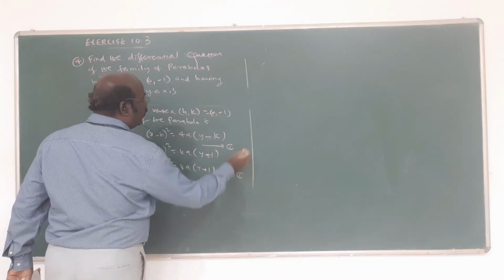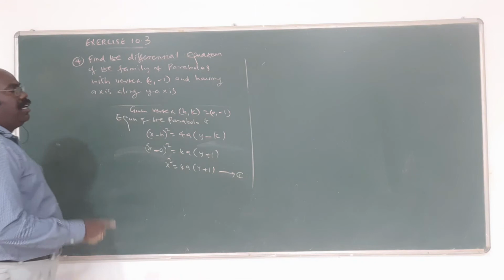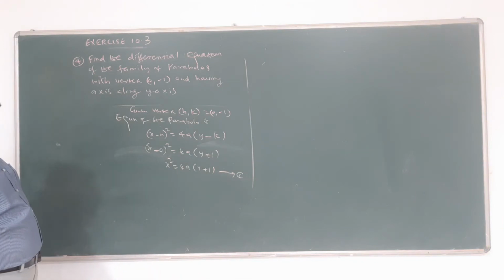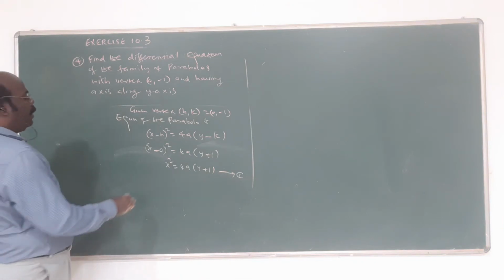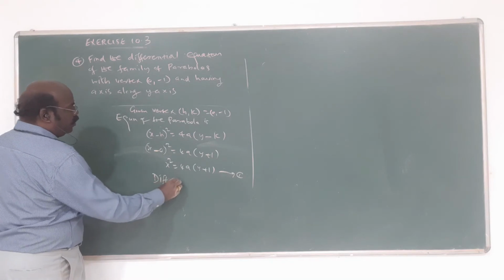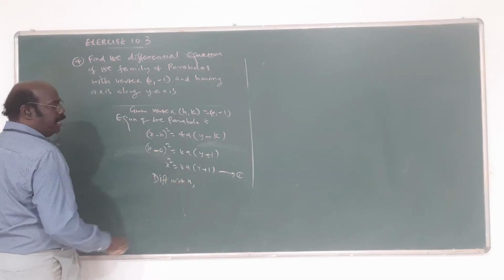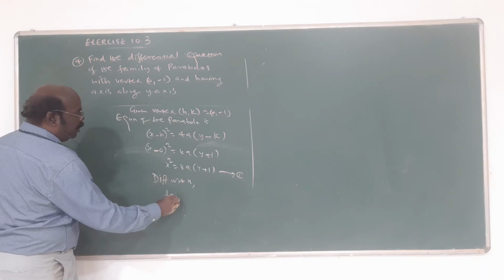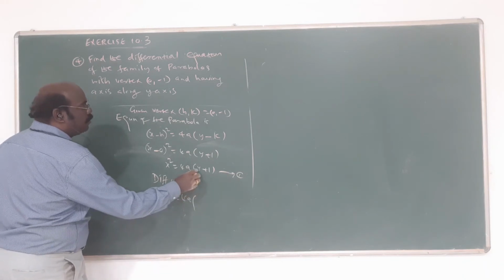This is the first equation. Now you will eliminate only a here, only a. Differentiate only one time with respect to x, then eliminate a.